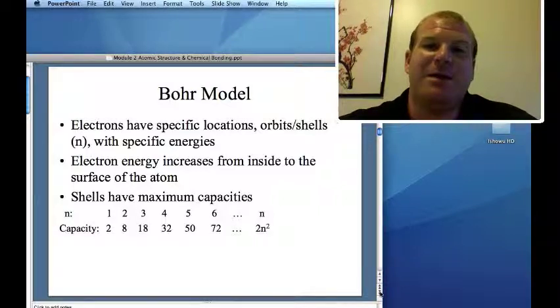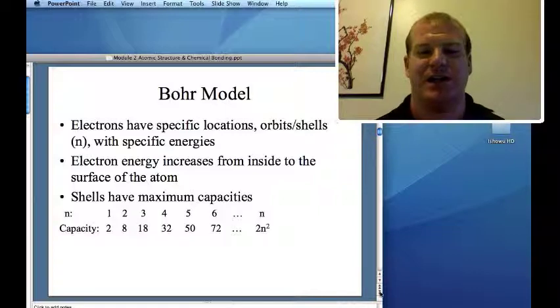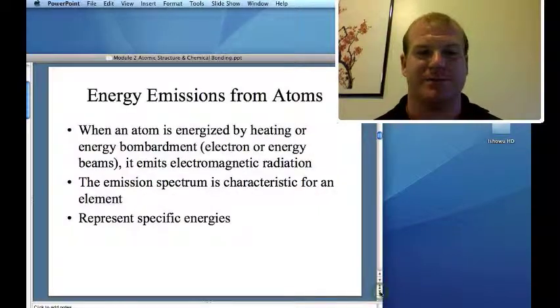So Bohr came up with a model, and he said that atoms had shells, they were like onions, or if you like Shrek, ogres are like onions, they're layered. Atoms are layered and they have shells of electrons. And Dalton also explained that atoms emit light, and they emit light in specific patterns.